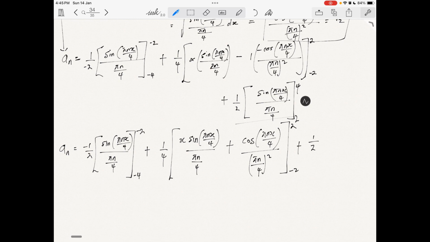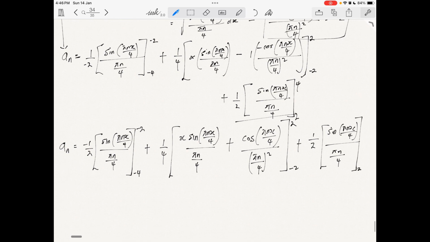Let's simplify this into sin(πnx/4) divided by πn/4 from 2 to 4.